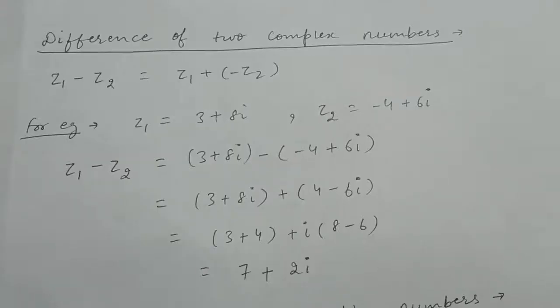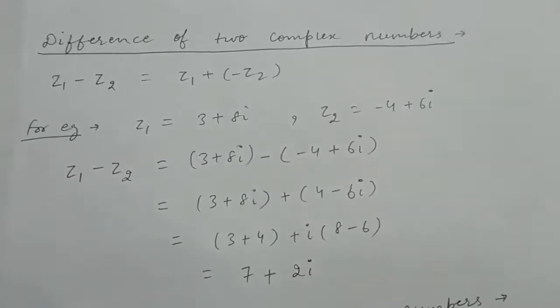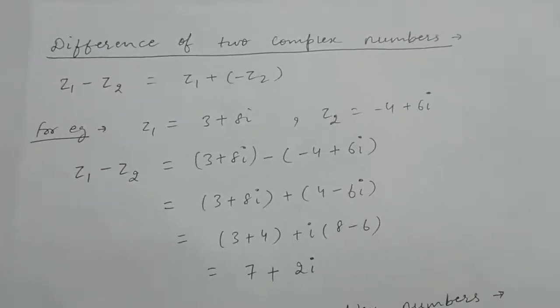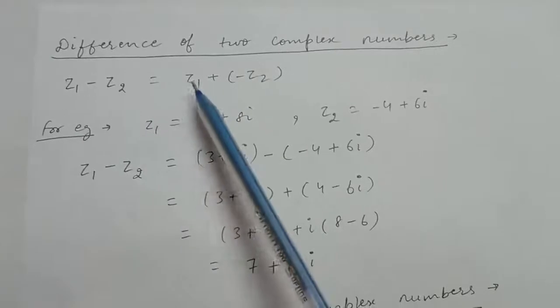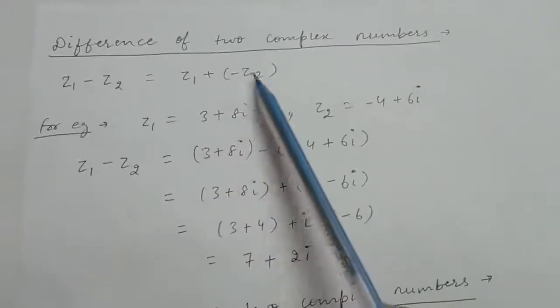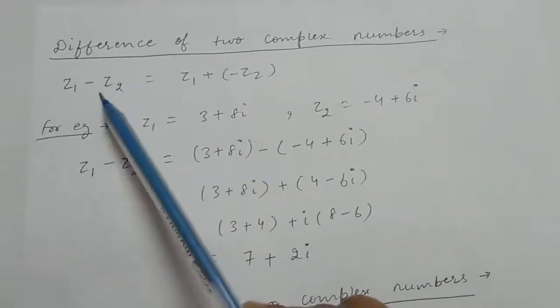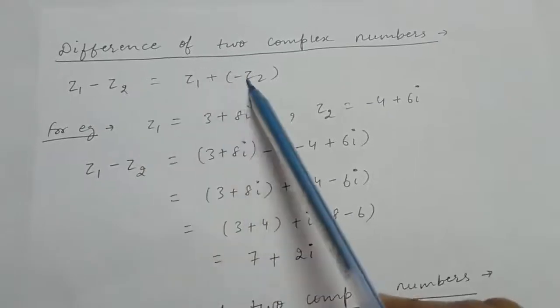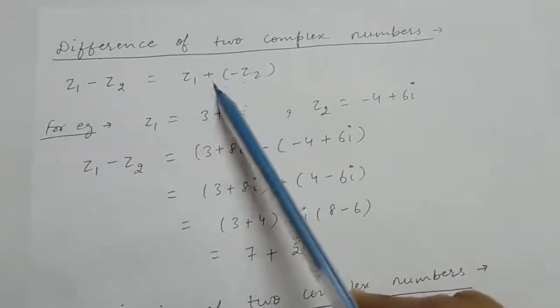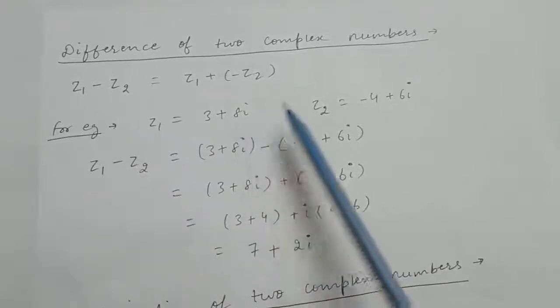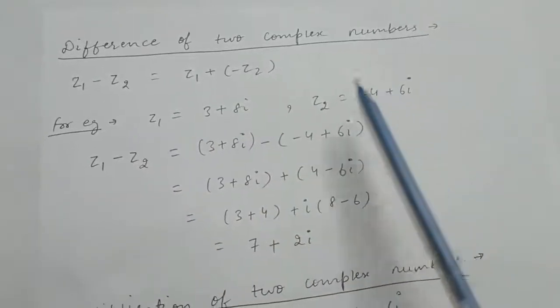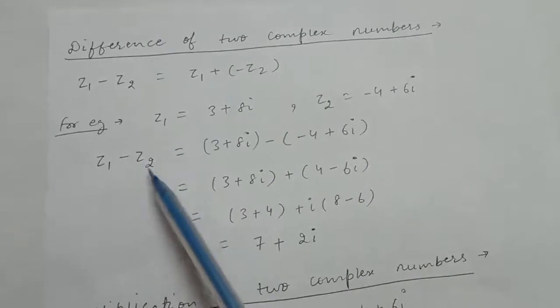Now difference of two complex numbers. Suppose z1 and z2 are two complex numbers, then z1 minus z2 is equal to z1 plus minus z2, right? We have taken this minus z2 together and here a plus sign, right? So for example, if z1 is this number and z2 is this complex number, and you have to find the difference z1 minus z2.